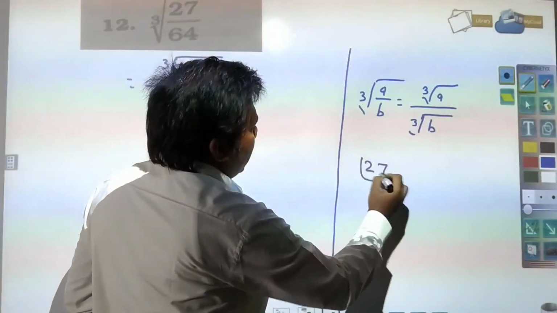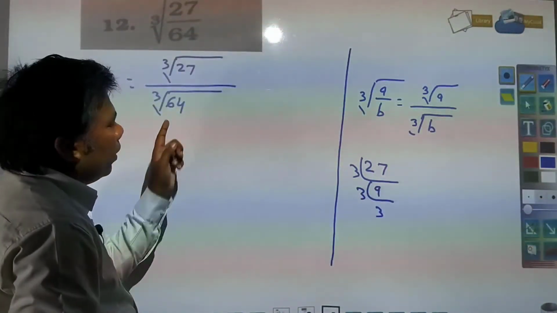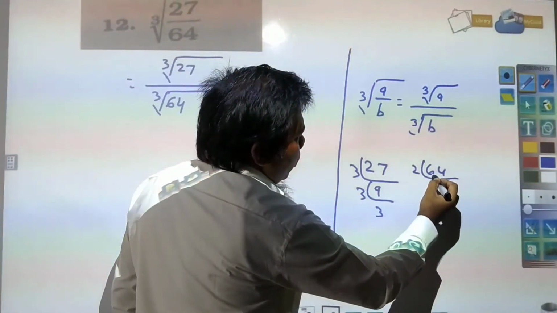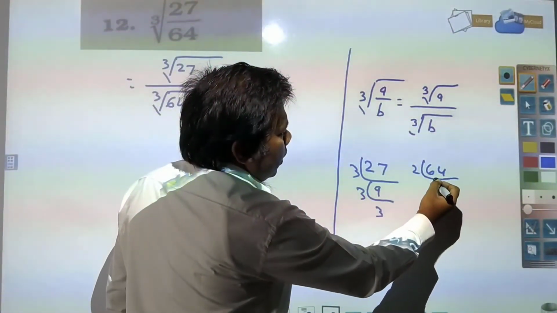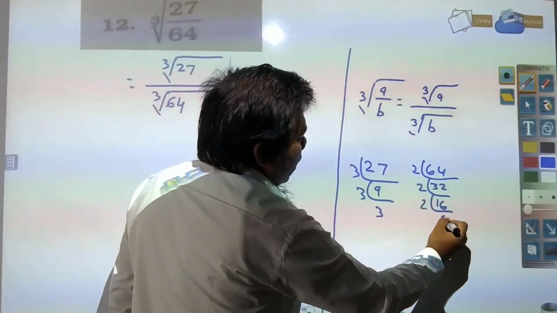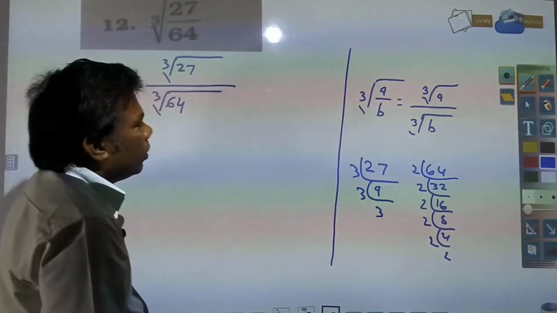So this will be 3 9 is 27 and 3 3 is 9, and of 64, 2 3 is 6 and 2 2 is 4, 16, 8, 4 and 2 2 is 4.